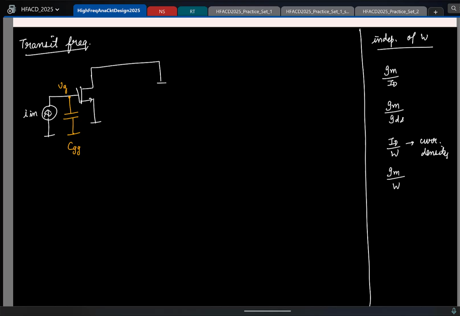So then tell me what is VG in Laplace domain? VG of S in terms of I in. I in by S CGG. Is this fine? The current times the impedance of the capacitance. So which means what is the short circuit current now in Laplace domain?